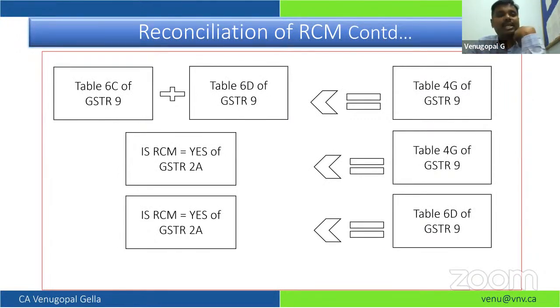That means credit should be less than or equal to the liability paid. Likewise, for 2A, the ITC from the registered person, which is reported in 6D, the value which is there in my 6D should be higher than whatever value is already reported in the government portal. So these are the basic checks one has to do.